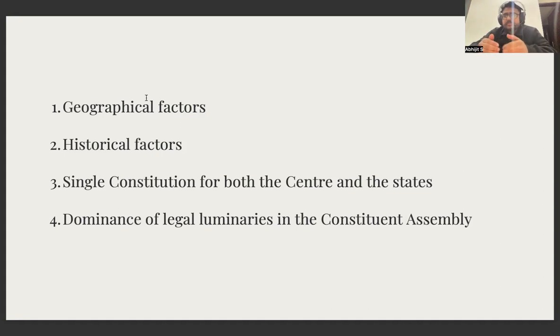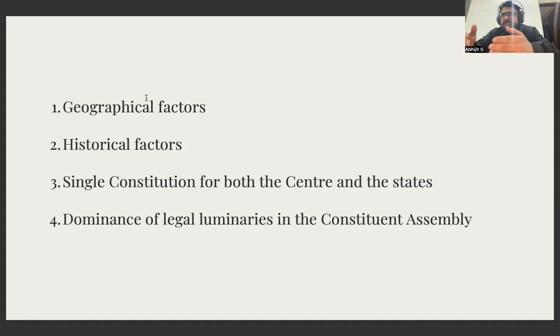Next, you only have a single constitution for both the center and the state. Unlike in the United States, wherein states have their own constitutions as well, in India, you have a single constitution for both the center and the state, and therefore you need to address the nuances associated with different states as well.